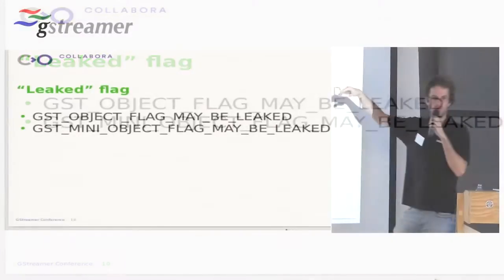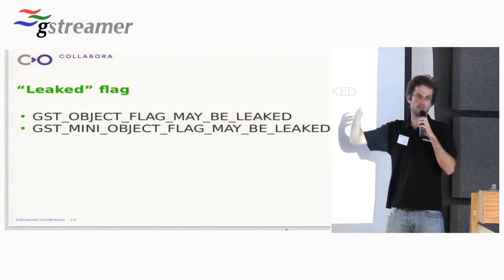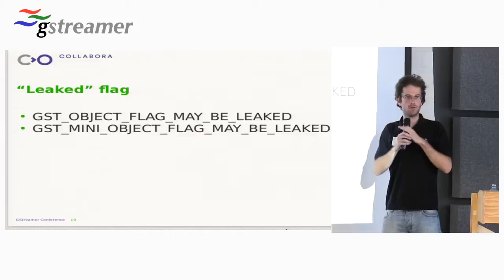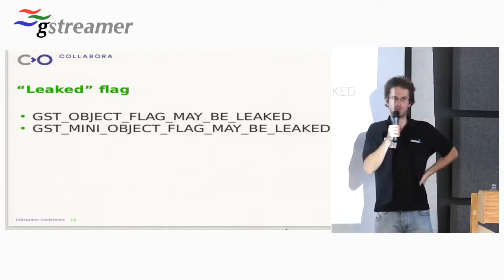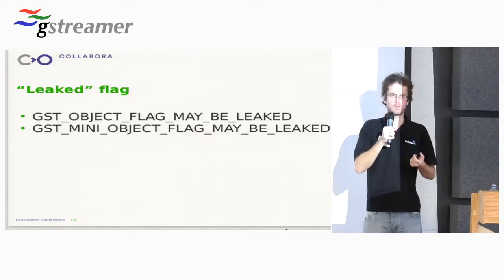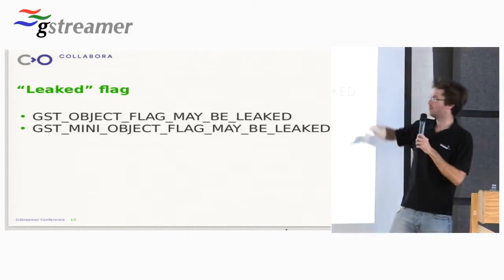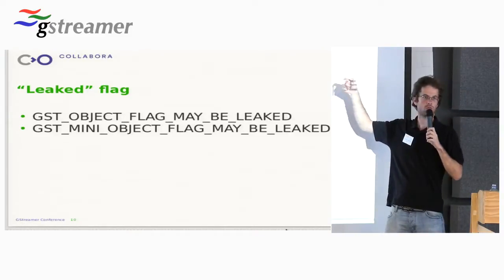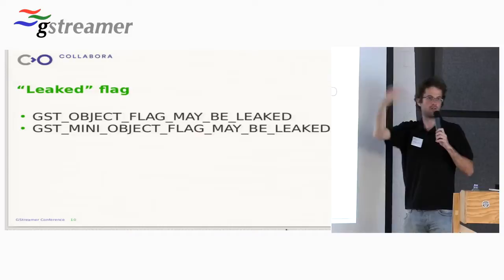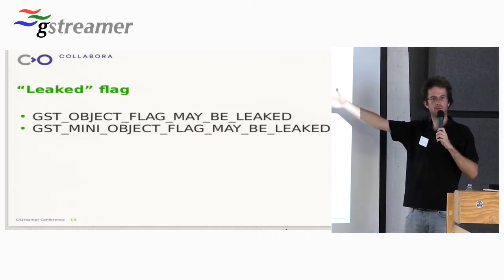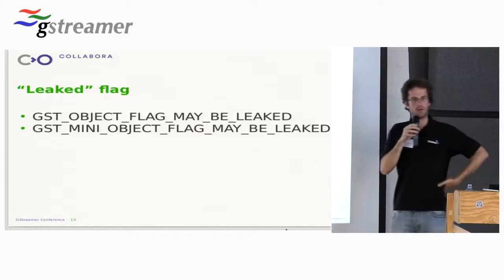They set the flag on the object, and the tool will know that it's actually supposed to be leaked. So it's the responsibility of the person writing the code to use that. But yeah, this flag has been merged in GStreamer 1.10 as well, so you can use it directly in your application. It's public API now.